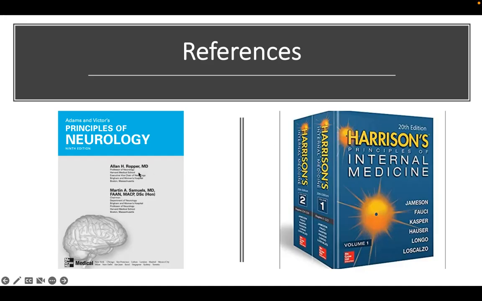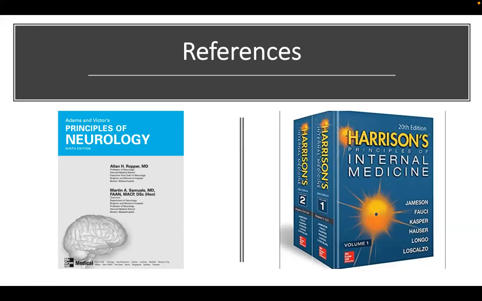The first and foremost material which we are going to use is one of the Bibles of adult neurology, and that is Adams and Victor's Principles of Neurology. I will be inserting some very important clinical pearls as well as some pathophysiologic must-knows about the manifestations lifted from Harrison's Principles of Internal Medicine.